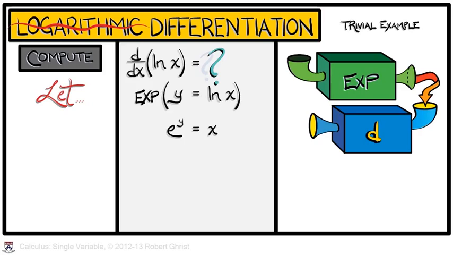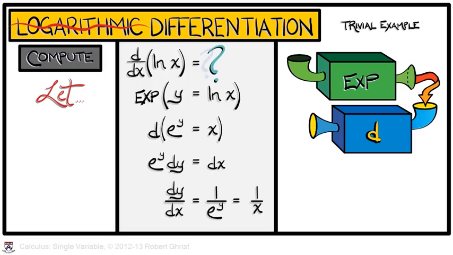Now, assuming that we know how to differentiate exponentials, we can apply the differentiation operator. And on the left, we'll obtain e to the y dy. On the right, dx. Manipulating differentials to solve gives 1 over x as the derivative. And so we see that if you know the derivative of log, you can compute the derivative of the exponential. If you know the derivative of the exponential, you could likewise compute the derivative of the log.